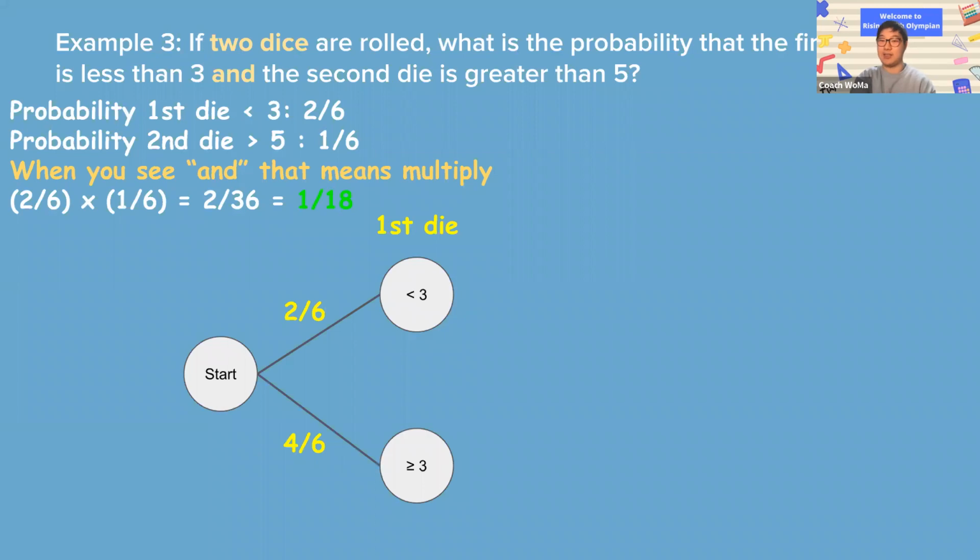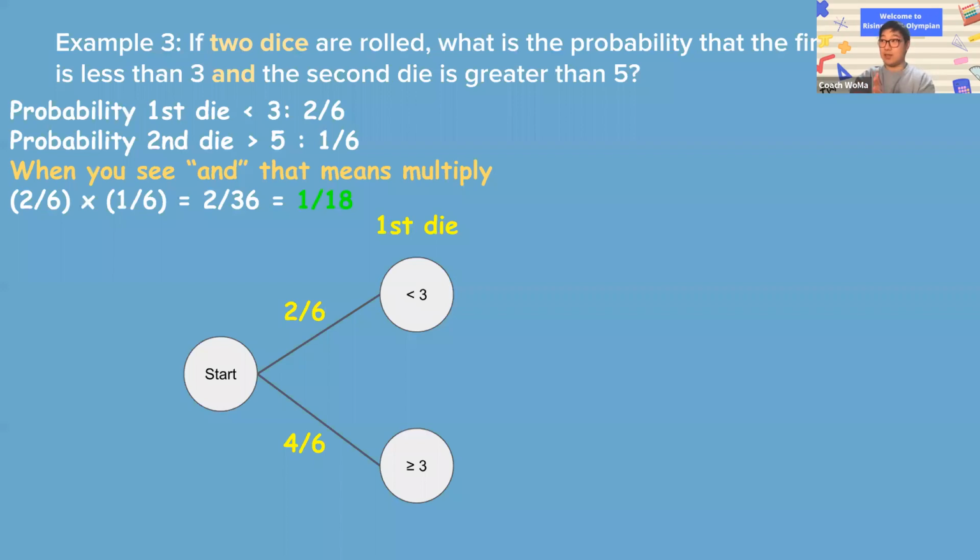And then 4 out of 6 options will get you into the greater than or equal to 3 universe, right? So you could have rolled a 1, 2, 3, 4, 5, 6. So there's a 2/6 chance you'll be less than 3, 4/6 chance you'll be greater than or equal to 3. If you ever have heard of parallel universes, I think if you think about probability in terms of parallel universes, it actually helps a lot with figuring out probabilities.